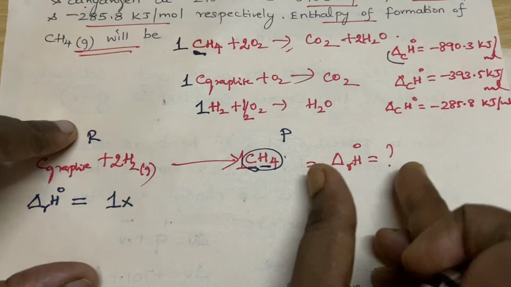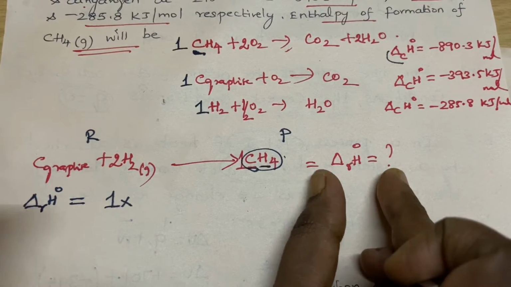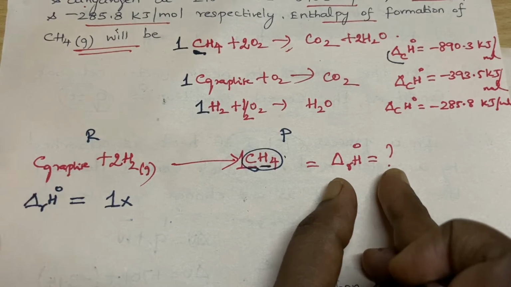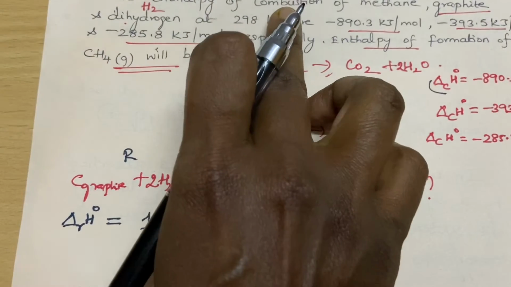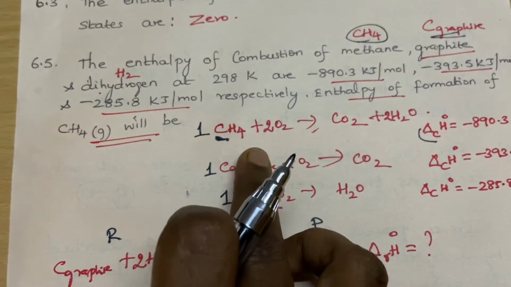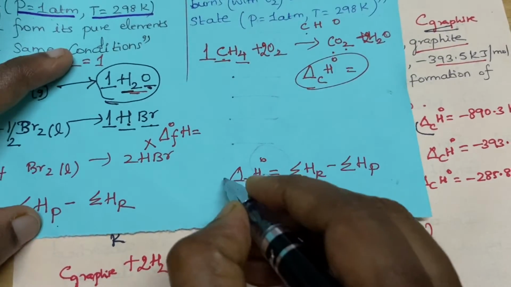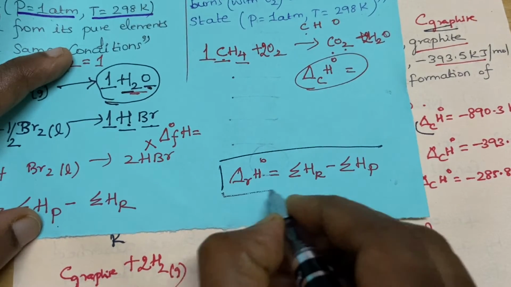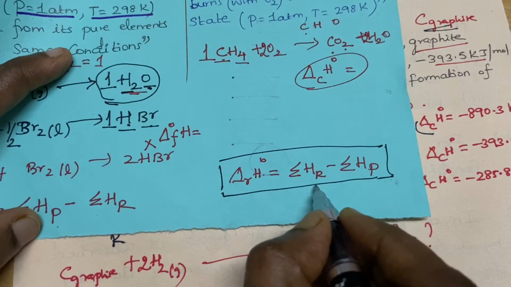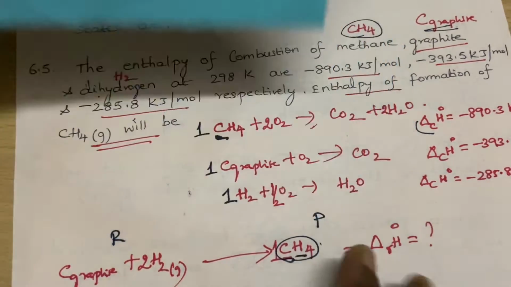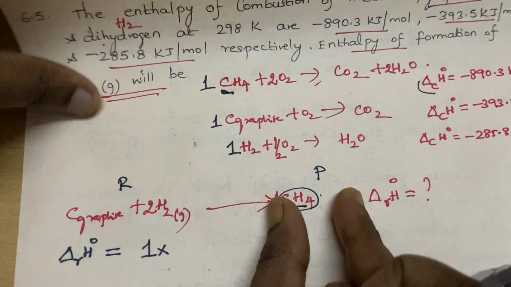So you have to find the enthalpy of this reaction. Which formula will you use? Provided the combustion data are given, you have to use this formula, isn't it? The enthalpy of the reaction is equal to the sum of the enthalpies of the reactants minus the sum of the enthalpies of the products. This is the reactant side, this is the product side.